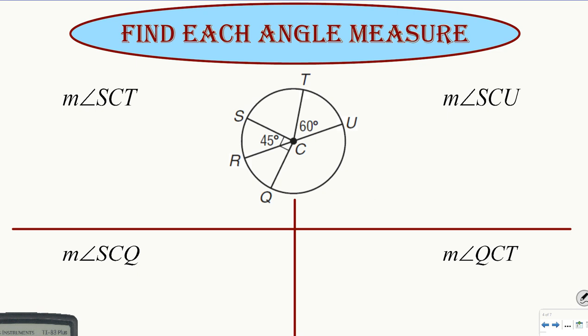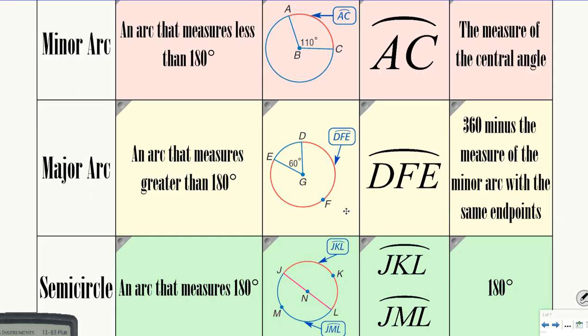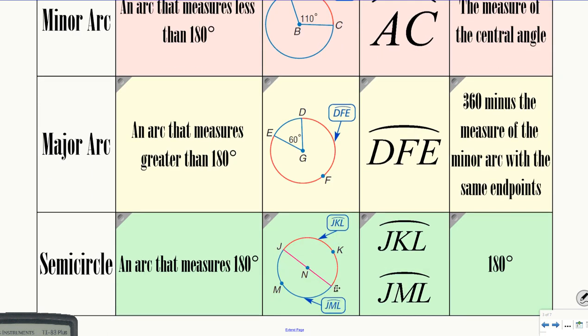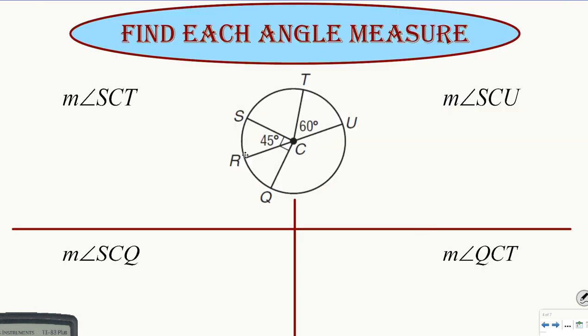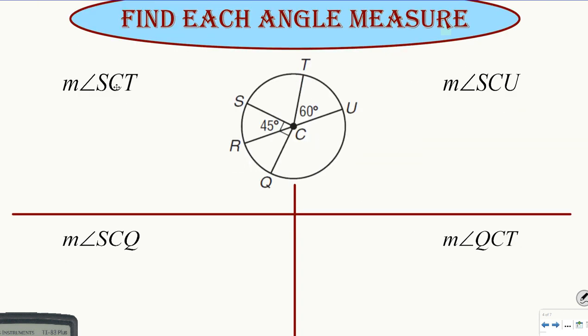So we're going to start by finding each angle. Now we're looking at angles, knowing that a diameter forms a semicircle. So again, if you look through here, we notice that this line here is a diameter. The diameter forms that semicircle. And the various angles. So angle SCT. SCT is this angle right here.